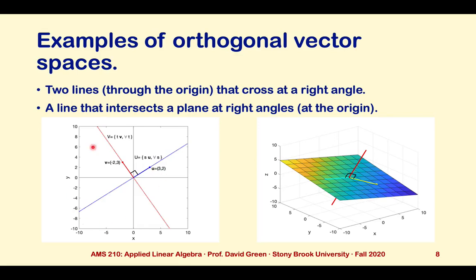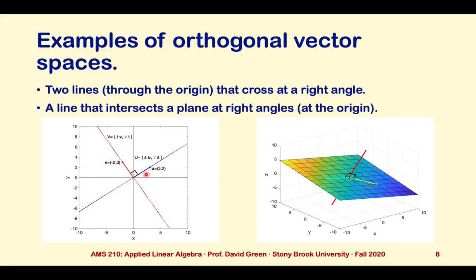First, let's consider a case in 2 dimensions, although the same idea extends to 3 dimensions. 2 lines passing through the origin are, of course, vector spaces in 2 dimensions, subspaces of 2 dimensions.